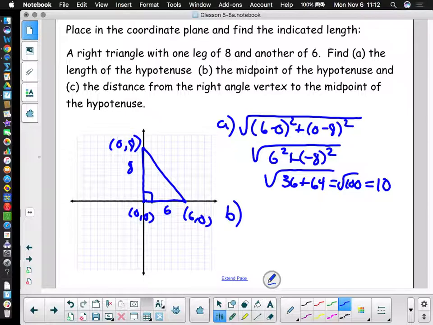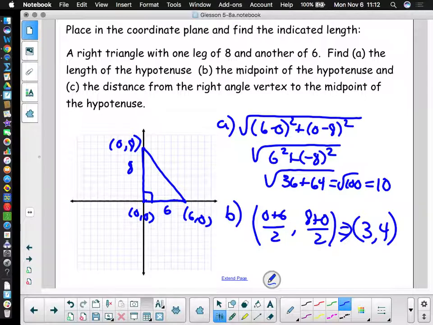B, find the midpoint of the hypotenuse. Okay, midpoint formula. We just take the x coordinates, divide by 2, and we take the y coordinates and divide by 2. So 0 plus 6 over 2 is 3, and 8 plus 0 over 2 is 4. So the midpoint is at 3, 4. I could even plot that. In fact, it'd probably be a really good idea to plot that. Okay, there's my midpoint.